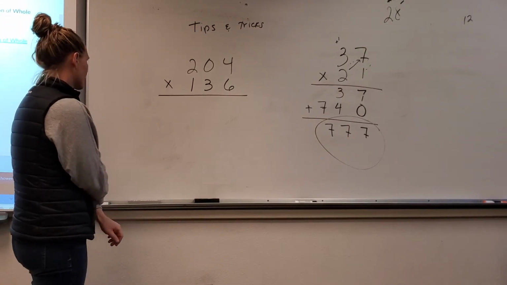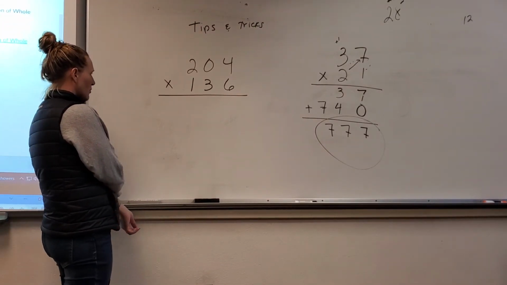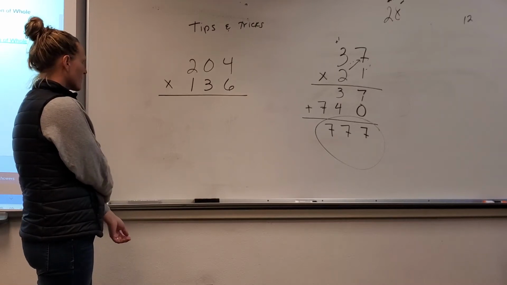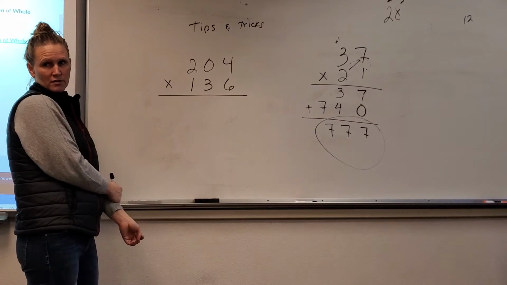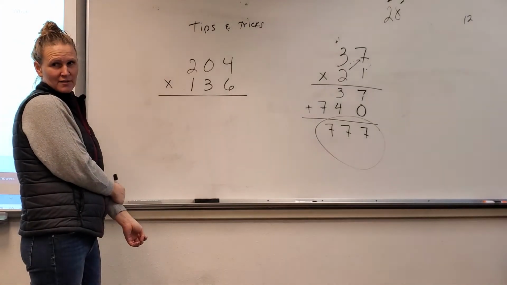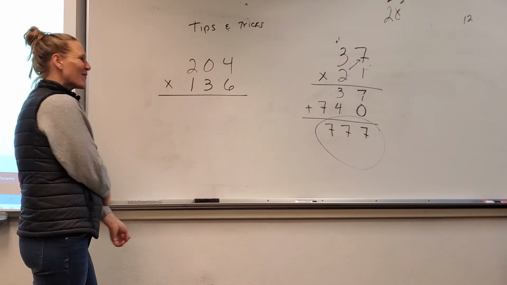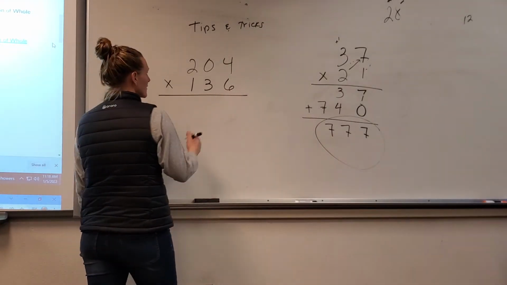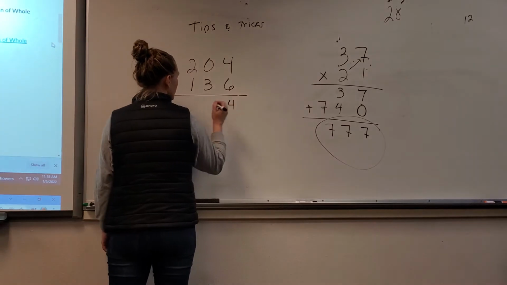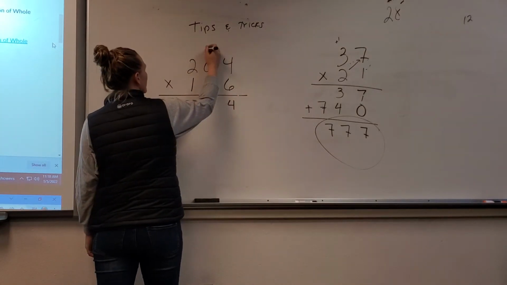All right. Shaylin, start us off. What do we start with? 4 times 6. Dominique? 6 times 4. 24. Okay, so what goes where? 4 under the 4 and the 6. Okay. And carry the 2.